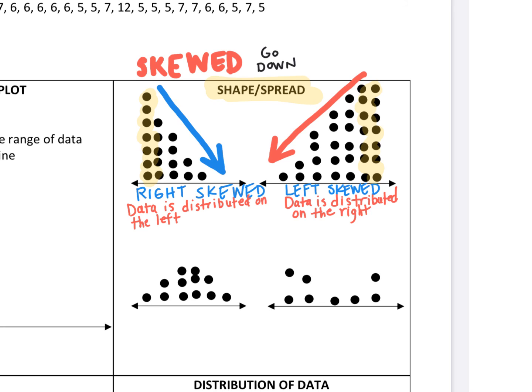Our next one looks like it's going down on both sides. Well, that's on purpose. When you see something that almost looks like a triangle where it's going down pretty evenly on both sides, there's a name for that also. And this particular name is symmetrical. So let's write this out.